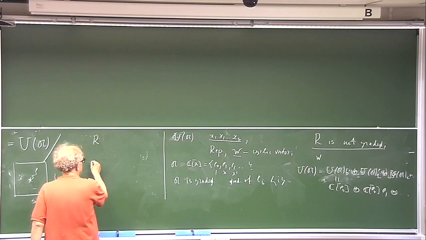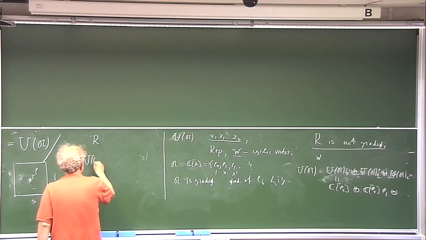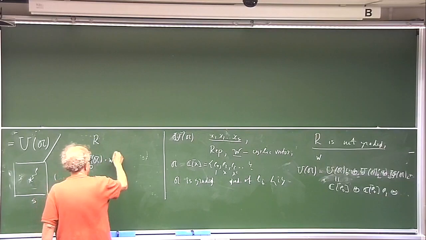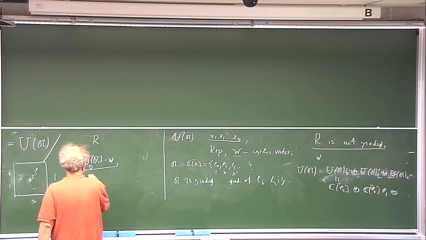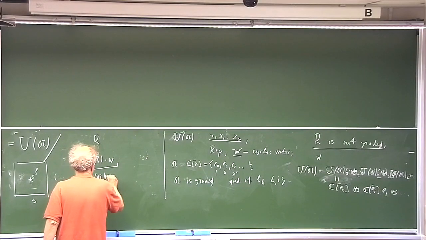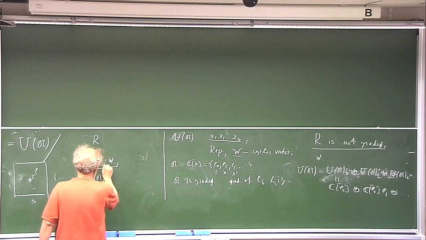The first term is this grading 0 part times W. Next term, no, my 0 is here.